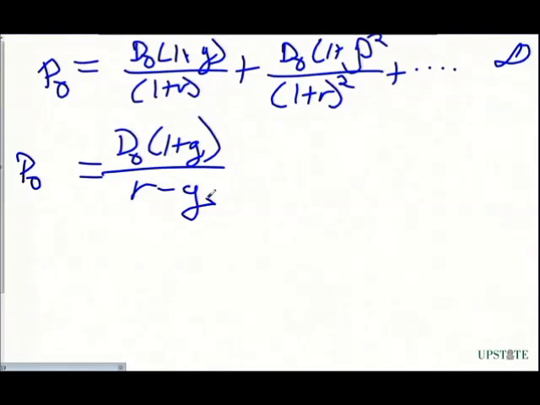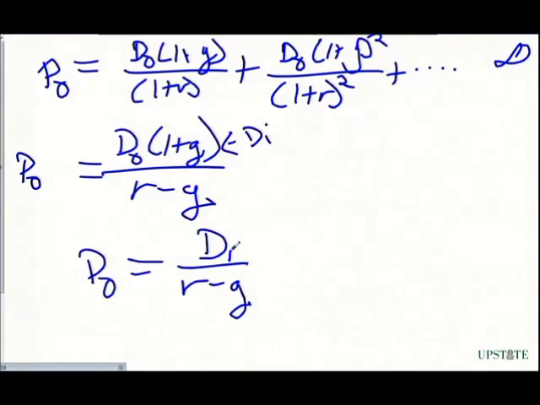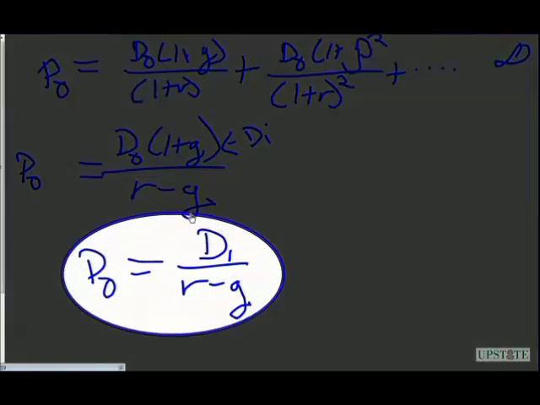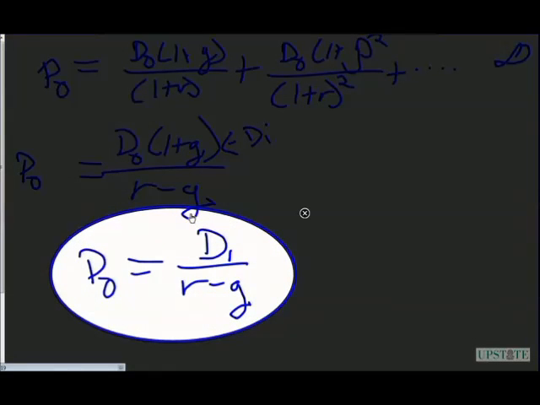Then, because D0 times 1 plus g is equal to D1, it's taking the value of our dividend at time period 1 and dividing it by the required rate of return on this investment, minus the growth rate. That growth rate is an important factor here, because we are taking it off the amount of our discount, which is the rate of return that we're seeing right here.